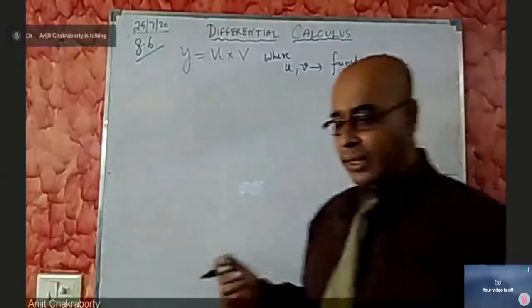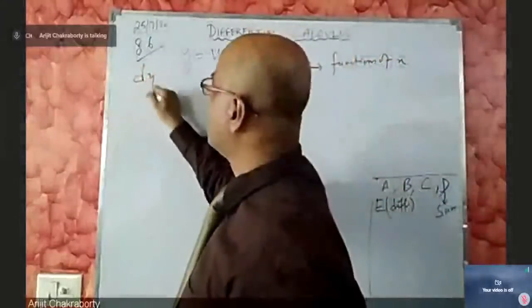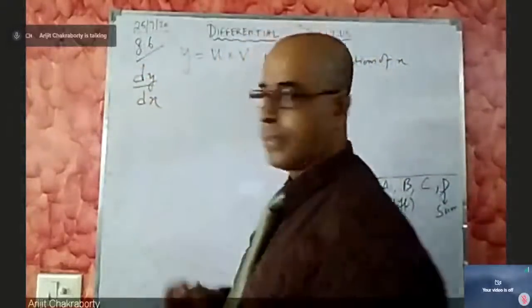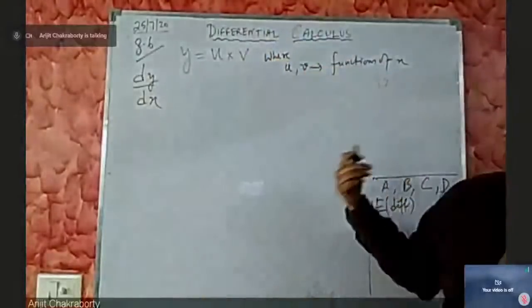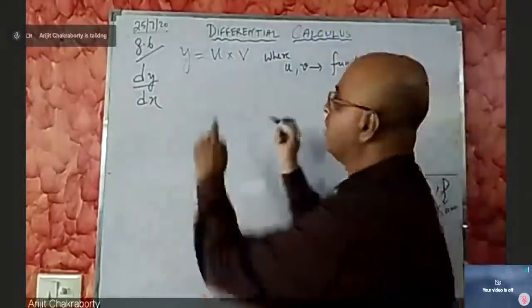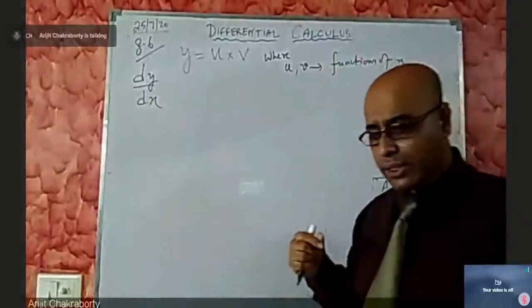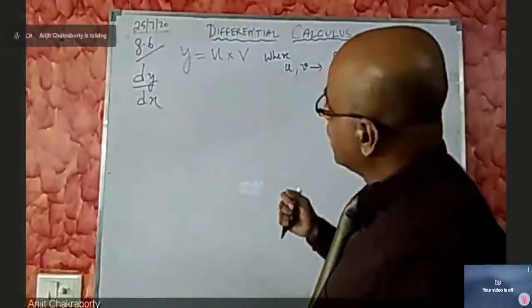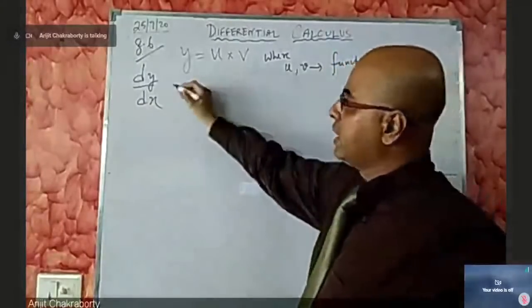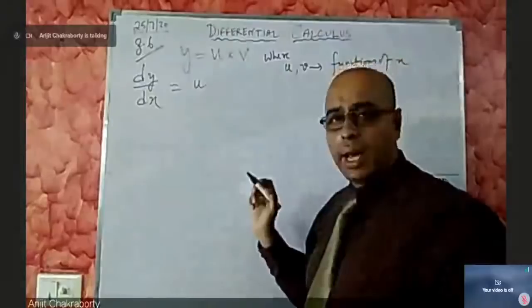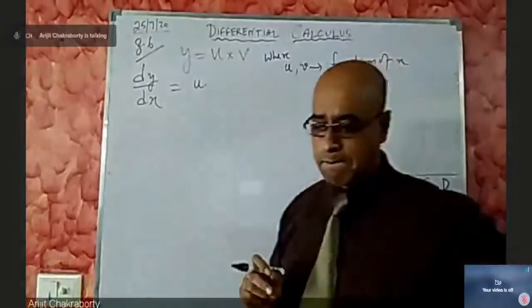So you have to find dy by dx. The product rule says that when you have u into v, the idea is first you keep u here and first you differentiate v.